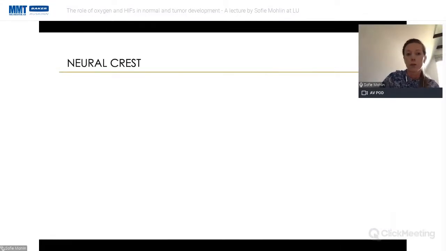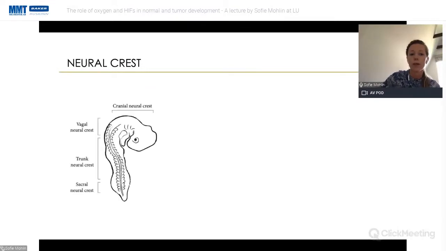The neural crest, for those of you who don't know, is a transient structure during vertebrate embryogenesis. It forms very early on as the embryo grows, as the neural tube closes, and I will show you a picture of that.